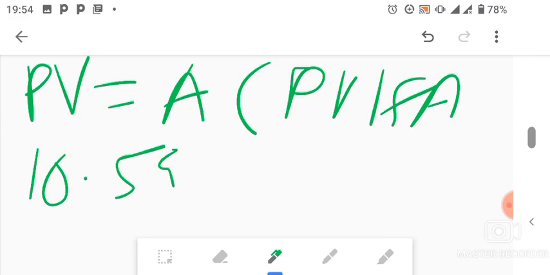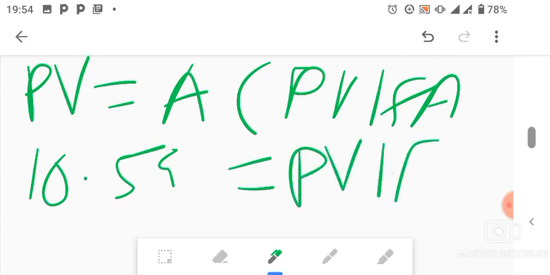After getting that value, what next? It should be equal to your PVIFA, because we said it's not known since the rate is missing. So you go to your table, look for that value, and you should get a value. Just a minute, let me confirm with my table as well.